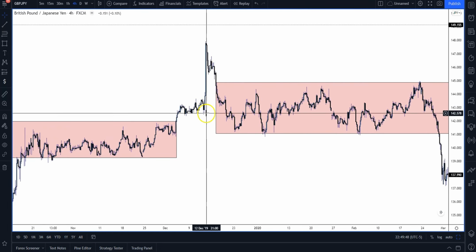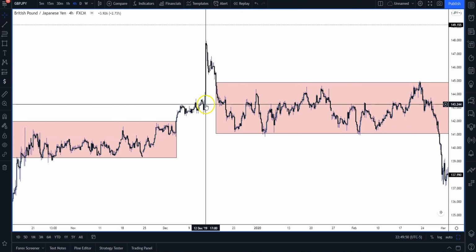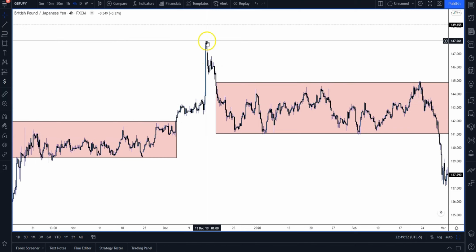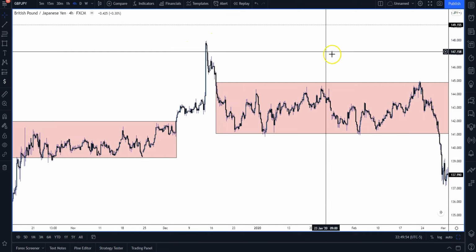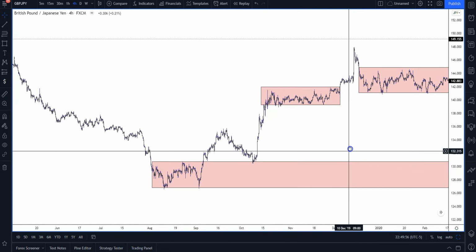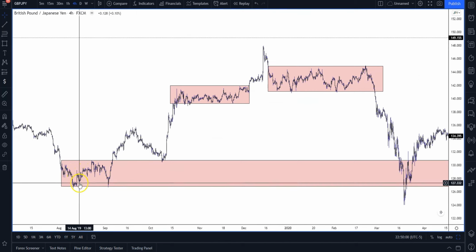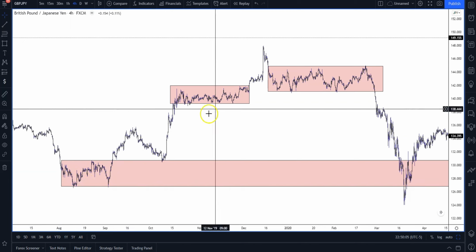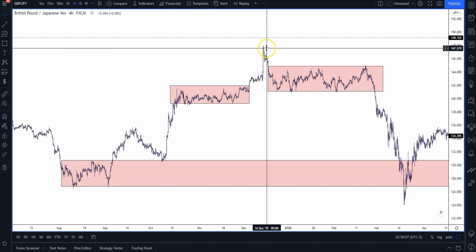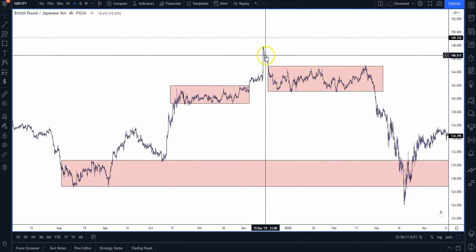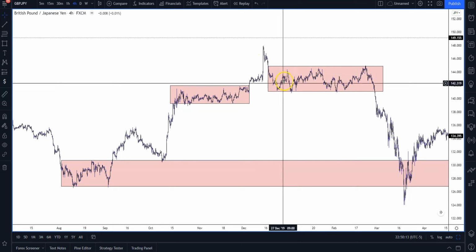This is a manipulation move from the institutions. It shot up in order for them to start closing out what they bought at a discount. So them moving the money from the 127. Once you get up to 147, they start closing their positions and the market starts going down.